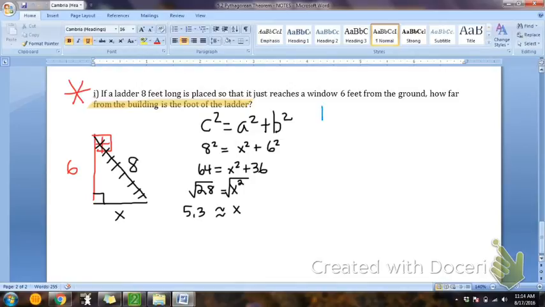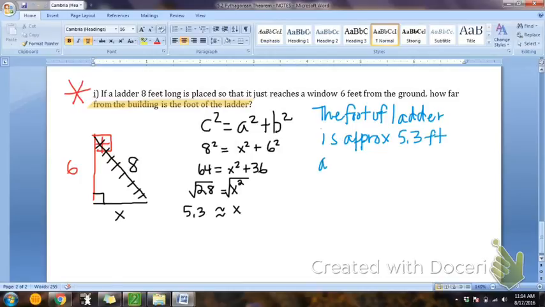Okay, so the foot of the ladder is approximately 5.3 feet away from the building. Excellent.